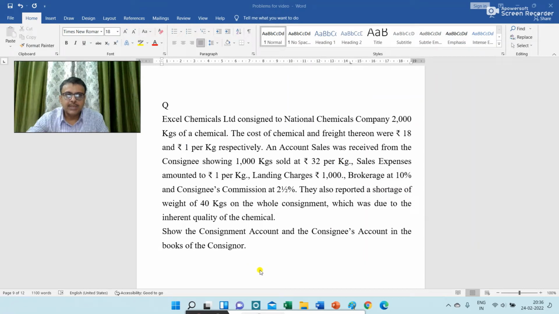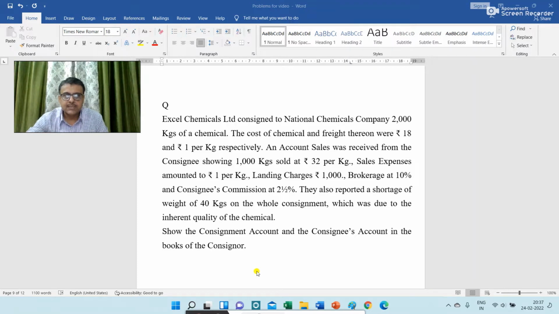Excel Chemicals Limited consigned to National Chemicals Company 2000 kgs of a chemical. The cost of chemical and freight thereon were rupees 18 and rupee 1 per kg respectively. An account sales was received from the consignee showing 1000 kgs sold at rupees 32 per kg.